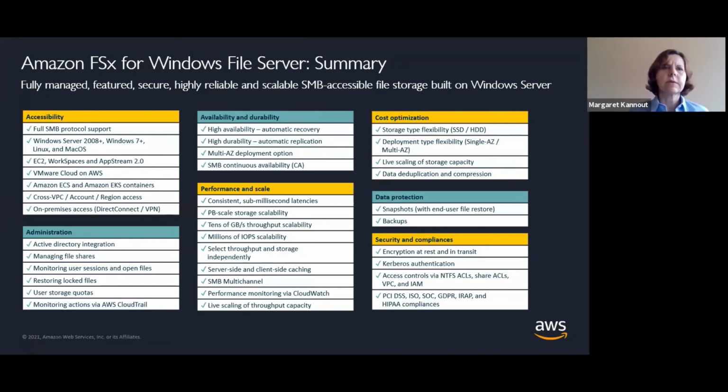So let me close with a brief summary of key benefits, which are listed on this slide for your reference, and a couple of highlights to take away. If you decide to migrate to Amazon FSX, there will be no need for you to modify your existing applications or user workflows. As already mentioned several times, we integrate with your Active Directory.